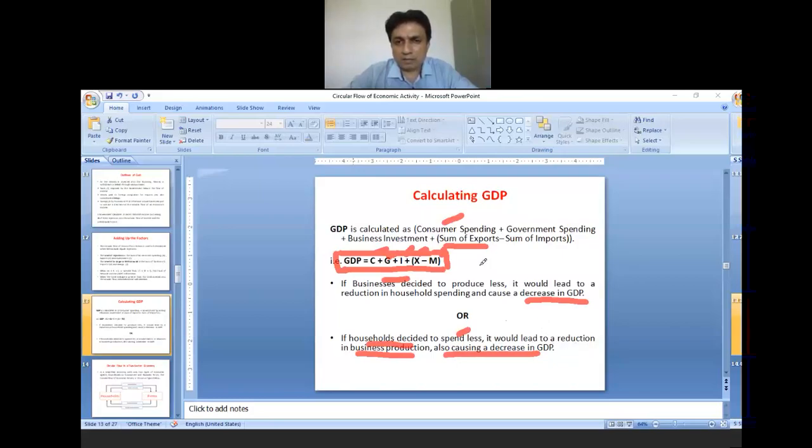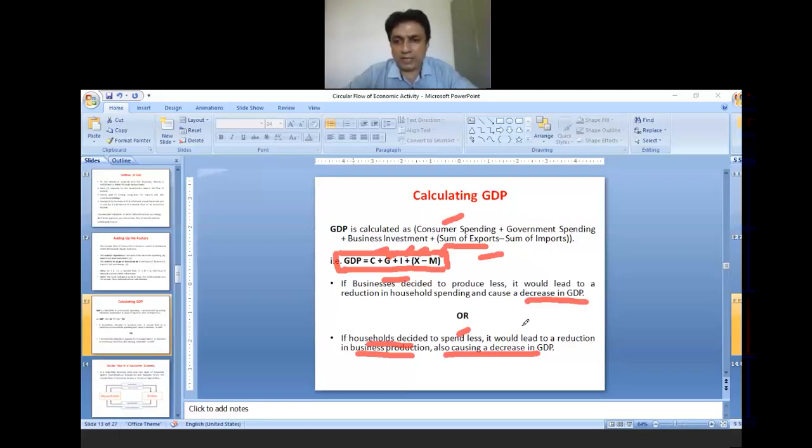The GDP is based on all these factors, and if there is any imbalance in them, it leads to deterioration: people are getting fewer goods and services from the market, and people are losing their jobs. These types of things happen in the market.